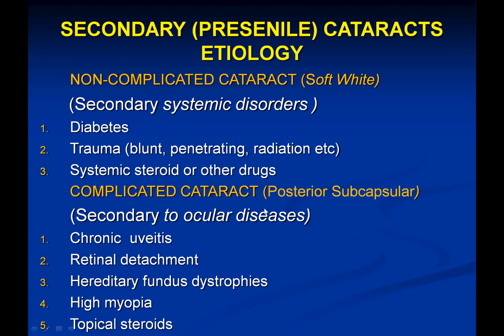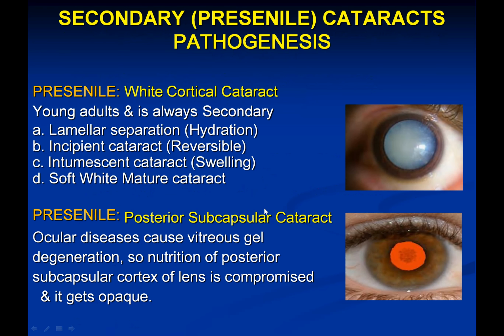आगे हम बताएंगे क्यों ऐसे होता है. Now see the pathogenesis. What happens in pre-senile non-complicated cataract? These cataracts are always white cortical cataract as seen in this picture of the patient. Now what happens in these young people? Initial stages lead to lamellar separation or hydration.